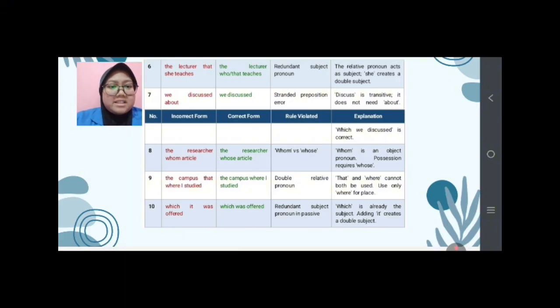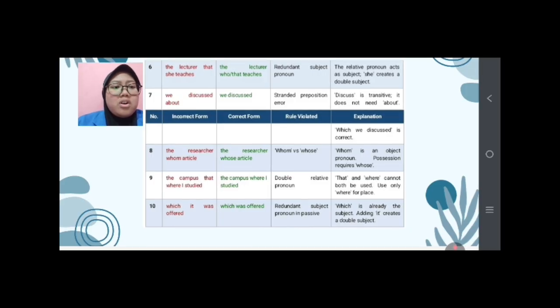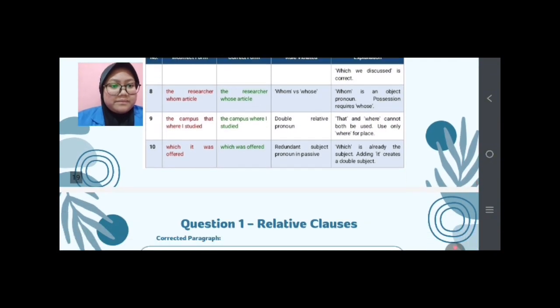The campus that where I study, corrected to the campus where I study. Double relative pronoun: that and where cannot both be used. Use only where for place. Which is was offered, corrected to which was offered. Redundant subject pronoun in the passive. Which is already the subject, adding it created a double subject.